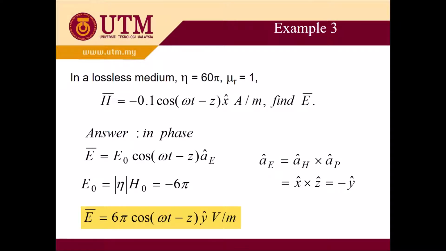Let's see example 3. In a lossless medium, the intrinsic impedance eta is equal to 60 pi and mu r is equal to 1.